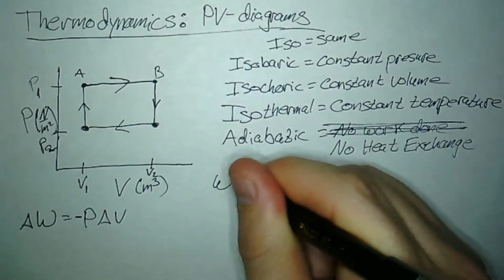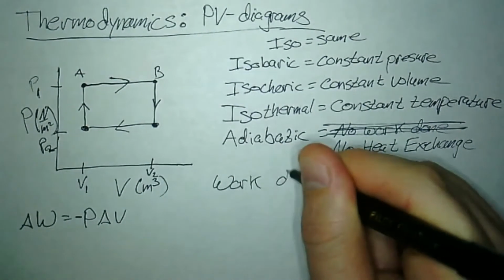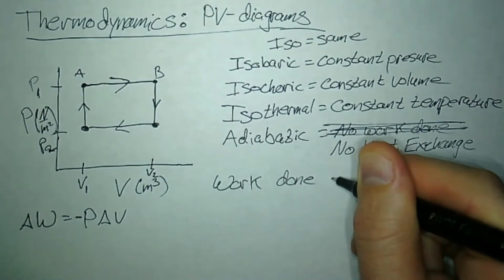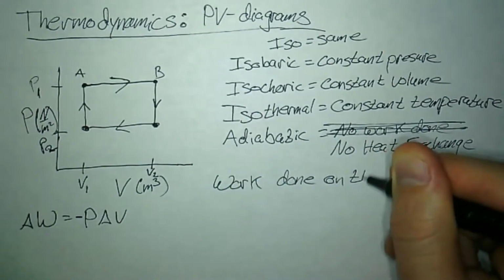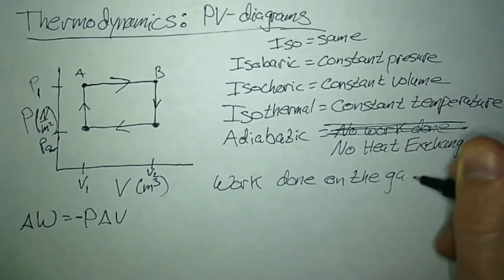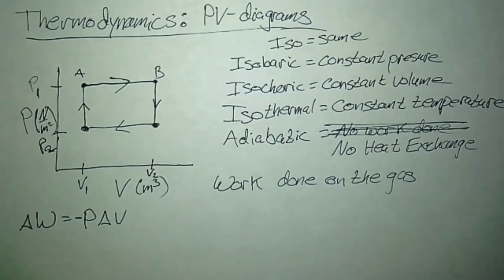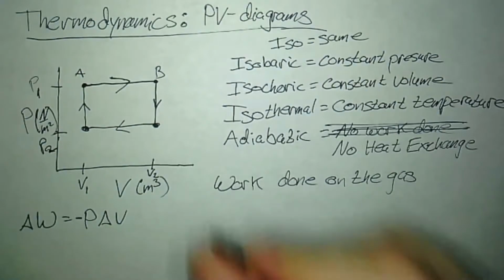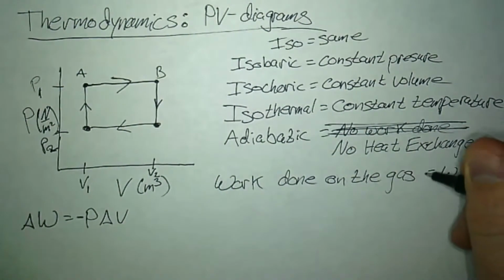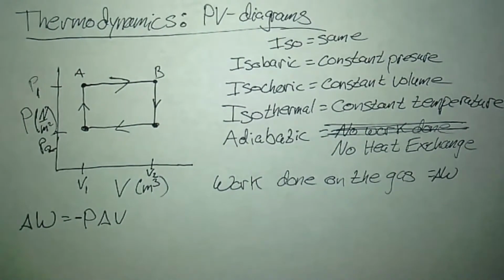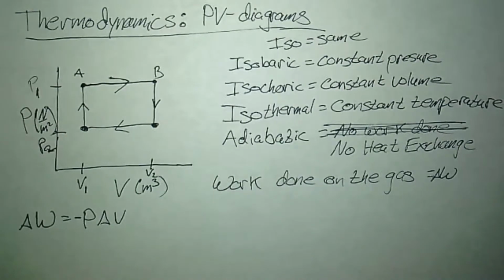Let's write that down for ourselves because it's important to remember, at least for me, because I'm used to working it the other way. So I want that minus sign here.